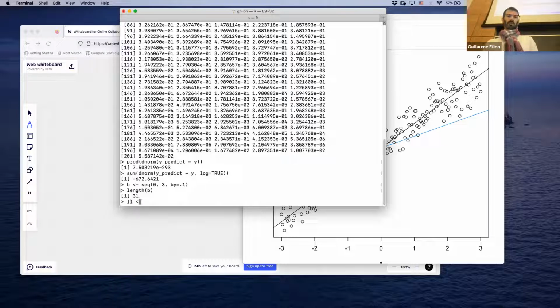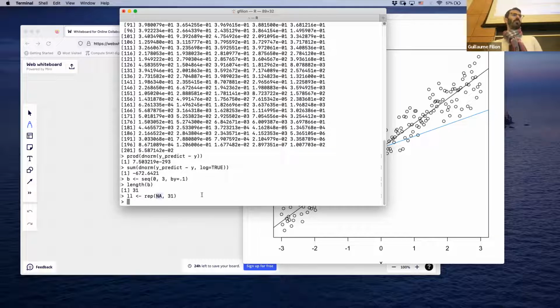So I'm taking the log likelihood, and I'm saying that I want to replicate 30 times the value NA, because it's a nice value for initialization, and I'm now going to fill the LL vector.